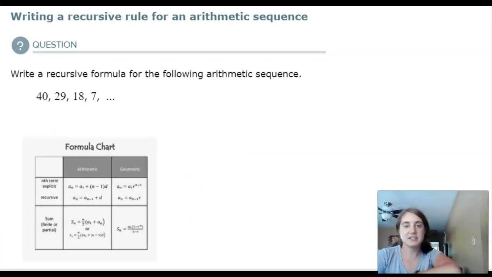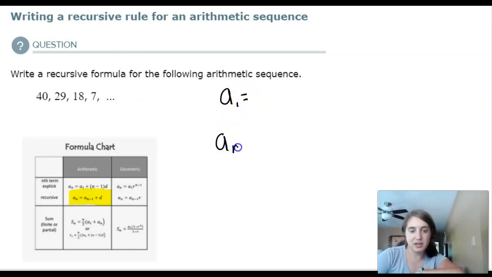So this asks us to write the recursive formula for the arithmetic sequence. So that means arithmetic sequence recursive. So whenever I have arithmetic, I need a1, and then I just need to fill in here the difference value.